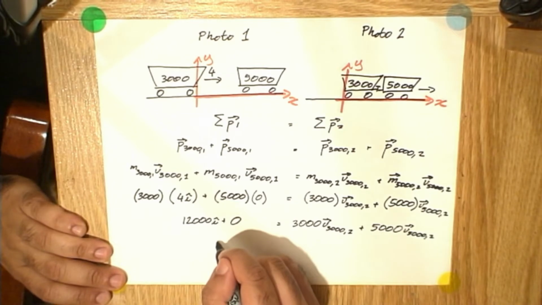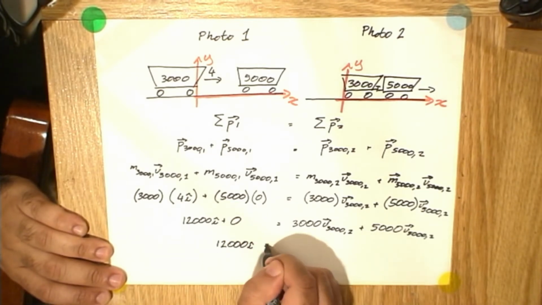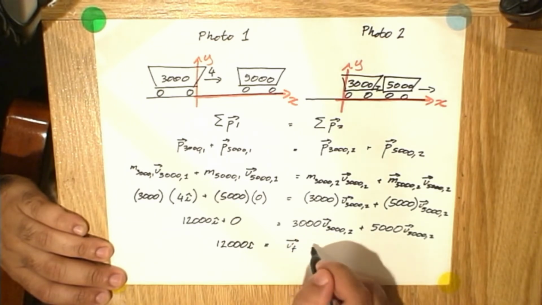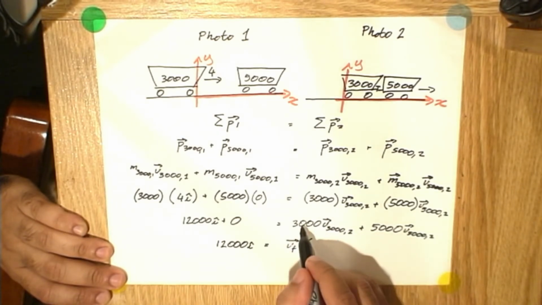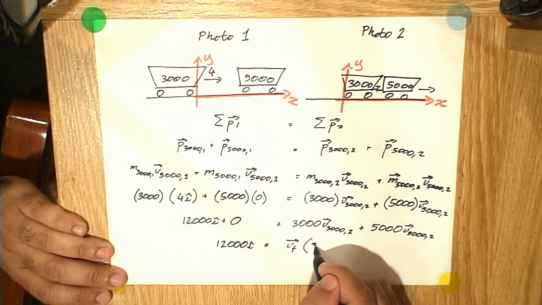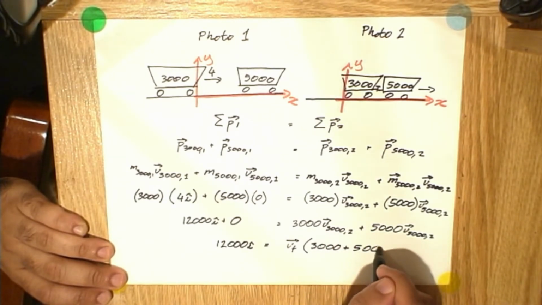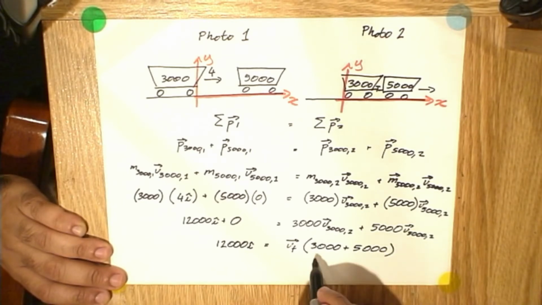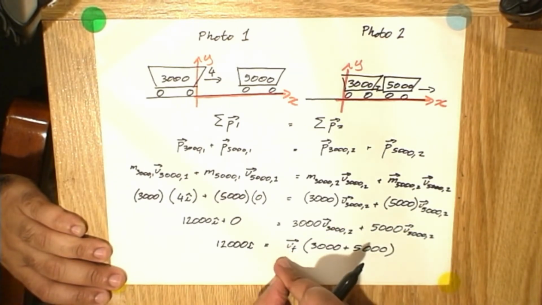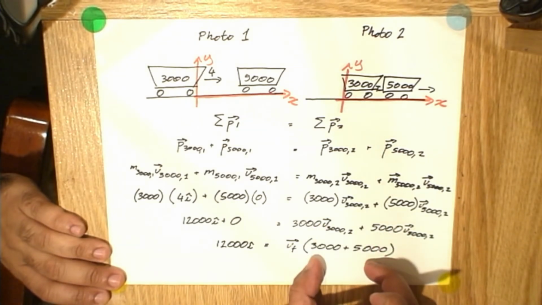The left side now becomes 12,000 I hat is equal to, these two I will call V final, and I will factor them out. The coefficients are going to remain within parentheses. So I now have 3,000 plus 5,000. Really all I've done is a sort of reverse FOIL. I have pulled these two terms out and called them V final, and these two coefficients now go within the parentheses.